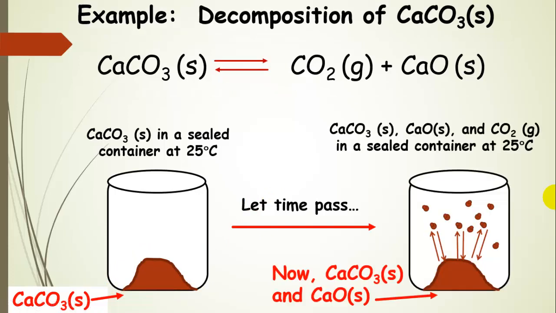After a certain amount of time, we're going to have an equilibrium set up. In this case, we are going to have calcium carbonate and calcium oxide mixed together, both solids at the bottom of the container, and we're going to have carbon dioxide gas at some partial pressure inside this container.